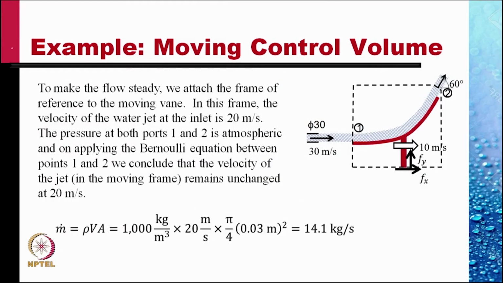The mass flux, m dot, is equal to rho VA, which is equal to 14.1 kilogram per second. This is negative at 1 and positive at 2, an influx at 1 and an efflux at point 2.